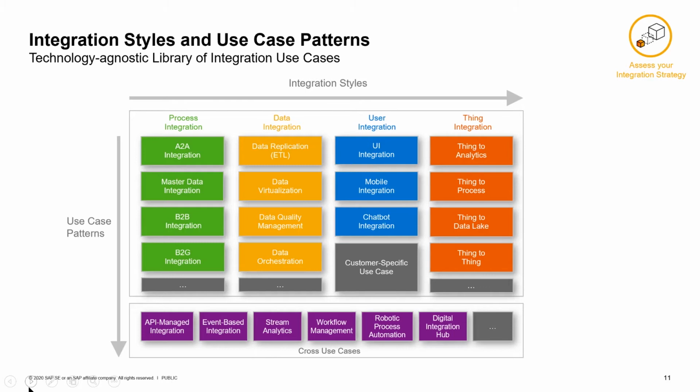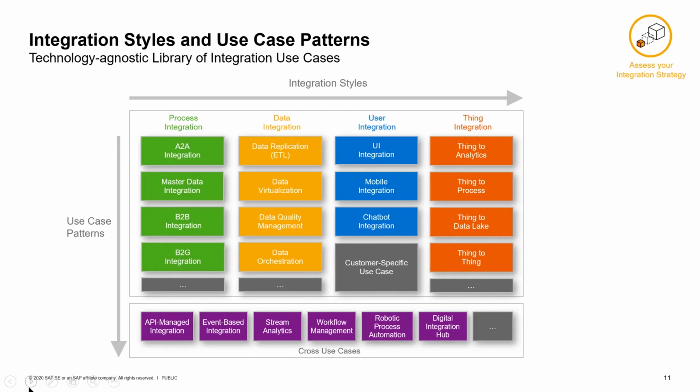Cross use case patterns are the ones which cannot be related to a single integration style. This applies, for instance, for API managed integration. You can use API management together with process integration use cases, for instance, along B2B integration scenarios where you're leveraging API management for exposing public APIs to your partners.